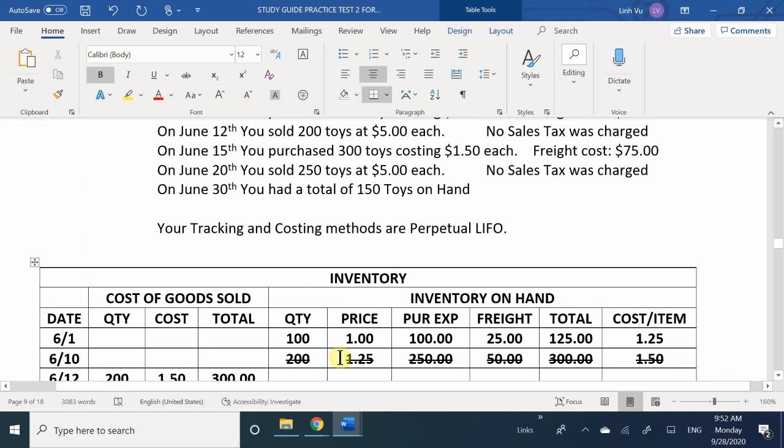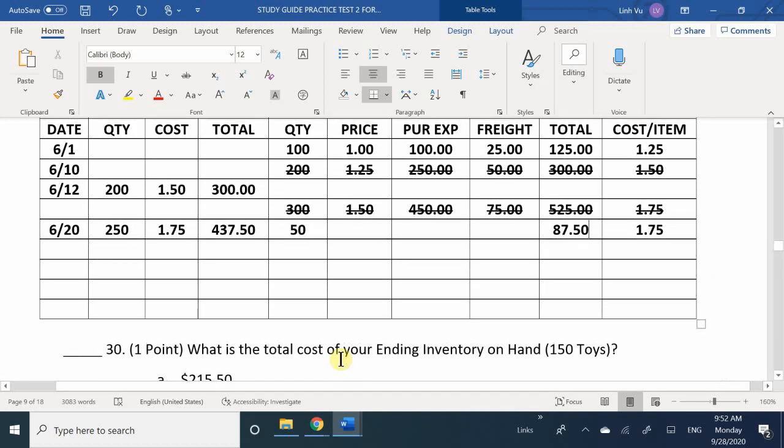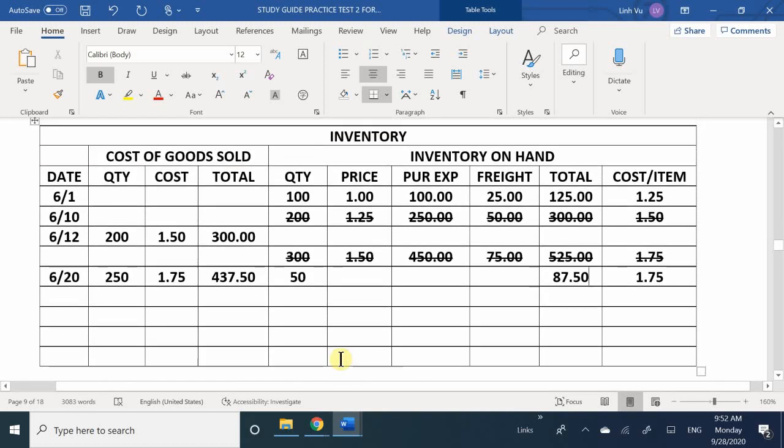All right. Now I have my ending right here on June 30th. You have a total of 150 toys on hand. All right. So this question says, what is the total cost of your ending inventory? $212.50.